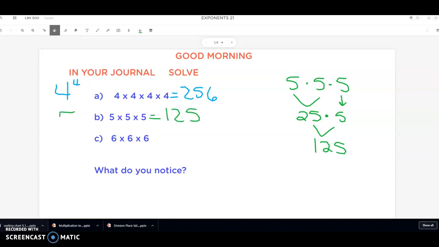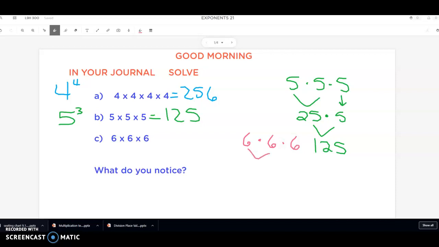And that is written as our base is the number 5. And how many times should we multiply it? 3 times. Okay, and our last one, 6s. 6 times 6 times 6.